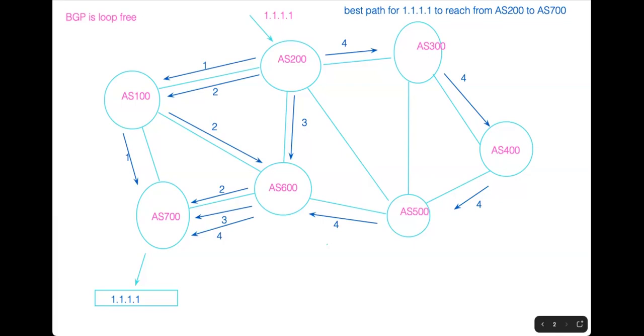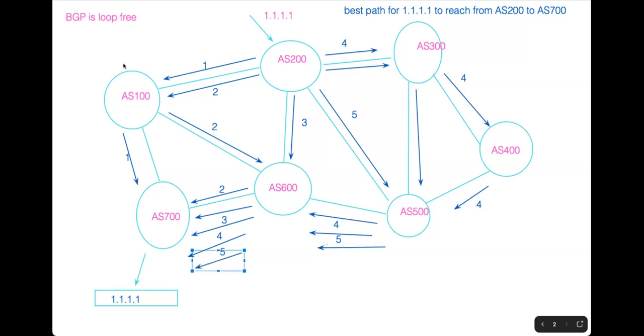Then we have the fifth path available. Let me make the fifth path as this. Then there is a sixth path, like this, then like this. Then it goes to this path, and then it comes to this path. This is the sixth path.